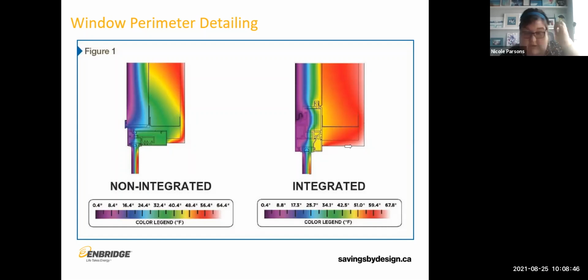There's no green anywhere on the interior surfaces, and that indicates a reduction in heat loss, as well as improved comfort. So that's more of a thing to consider for the future, but things that we need to be considering.